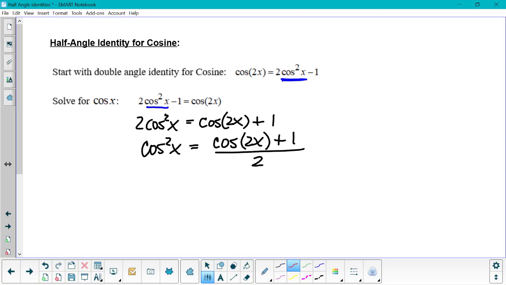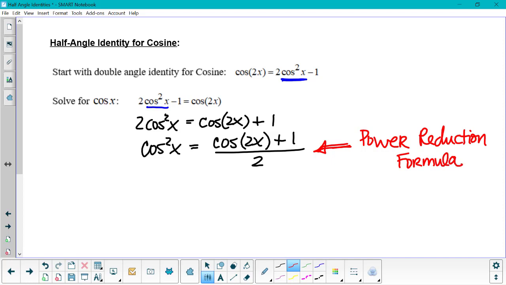Okay, and I want to stop right here because I want to make a mention about this. When you go to Calc 2, you will see this. This is called a power reduction formula. That's used when you're integrating in calculus.